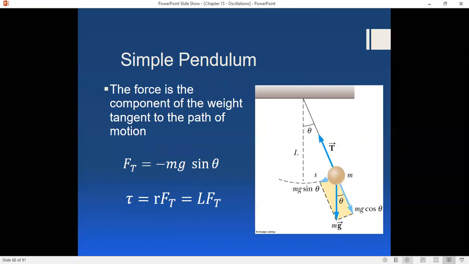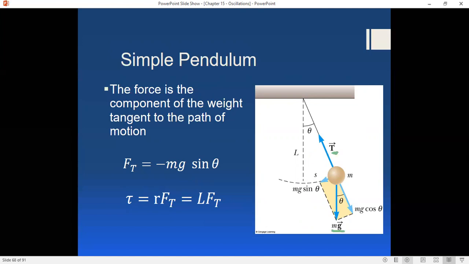All right. Looking at the force. Now, if the pendulum is sitting at equilibrium, the bob is sitting at equilibrium, tension pulls up, gravity pulls down, they cancel each other out. But if we offset it at some angle theta, the tension is still pulling along the rope. We can see that right here, okay? But now it doesn't completely cancel out the weight.